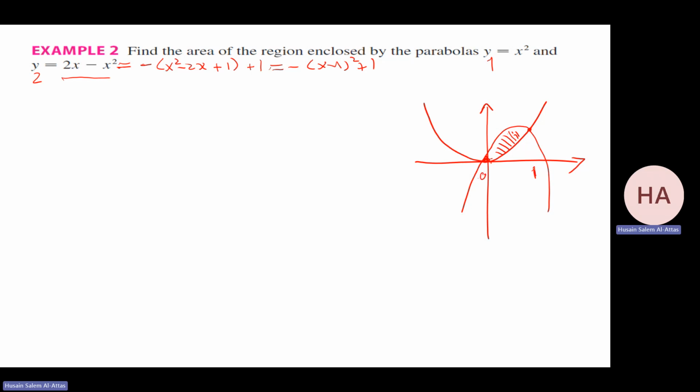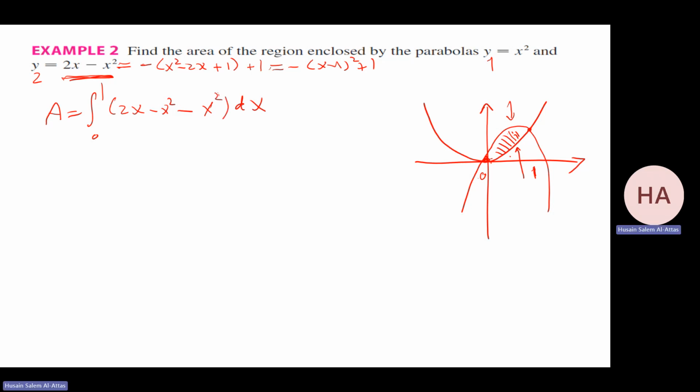Very clear, from 0 to 1. So the area will be from 0 to 1 of the upper function, which is this one, minus the lower function, which is only x squared, dx. So now it's a matter of calculation.